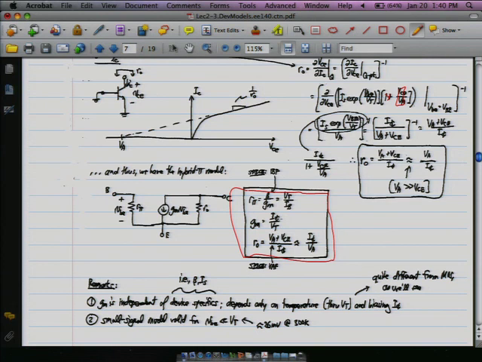And you know that you want the gm to be large, generally. So you can sort of figure out, with a little bit of intuition, that it probably has to be the collector current if you forget. And then generally the smallest voltage you have is a thermal voltage. So again, that just comes from the fact that gm ought to be large.